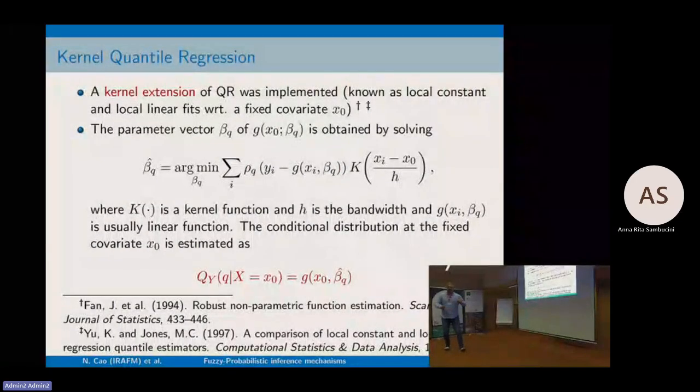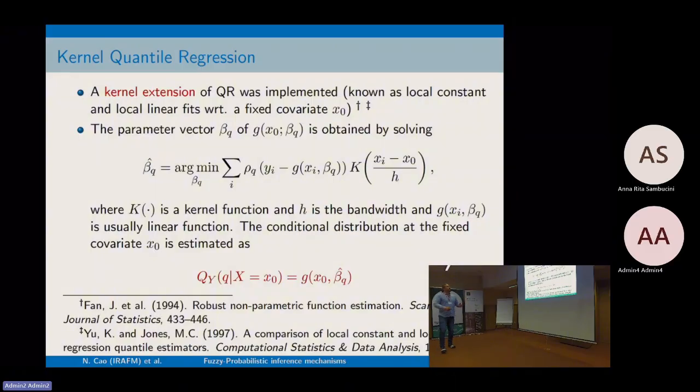Some generalization is needed, because we have just one type of function for any q. We can look at some local determination of this function, which is provided by kernel quantile regression. You have some kernel, a function very similar to the basic function in a fuzzy partition, for example, a Gaussian kernel or a triangle kernel and so on.